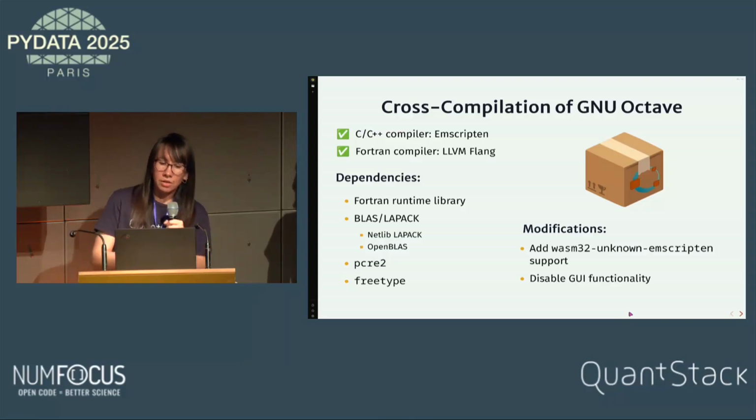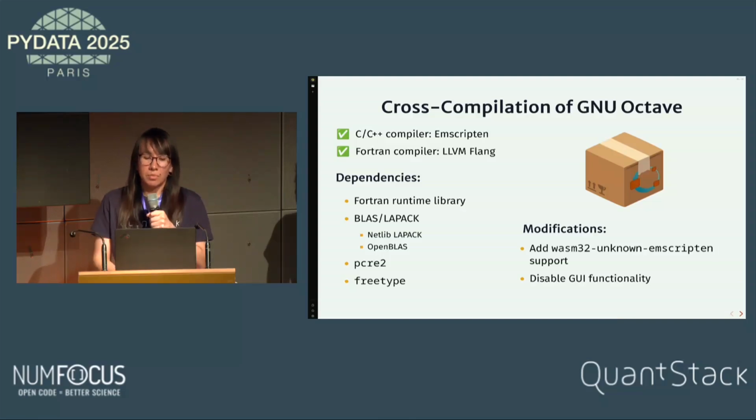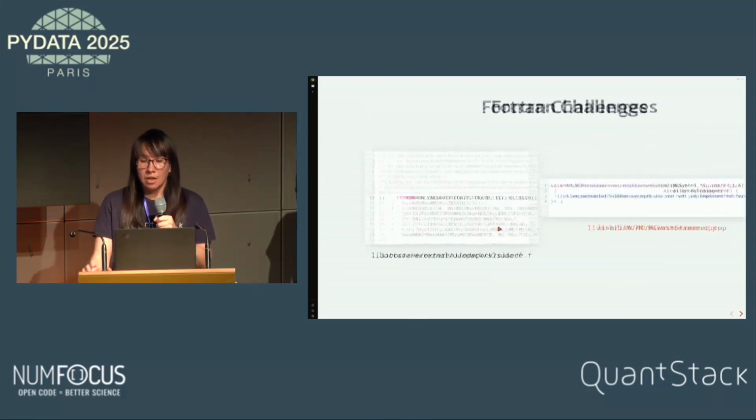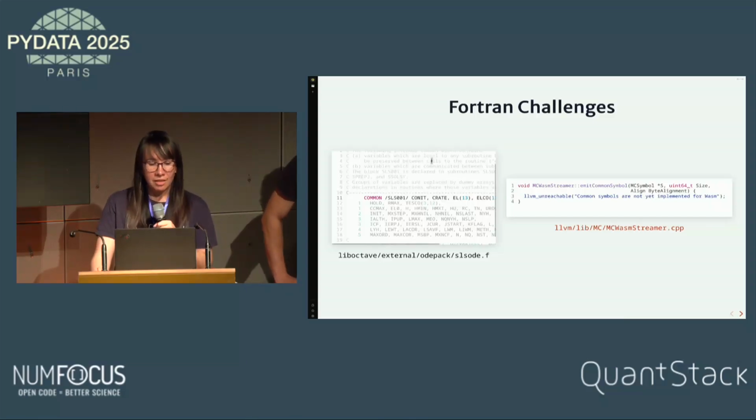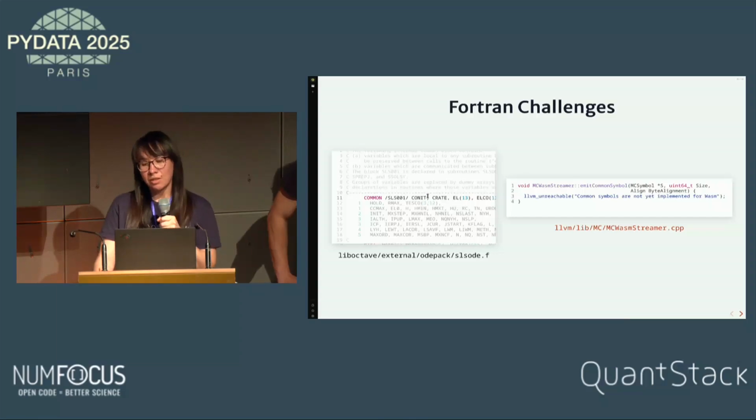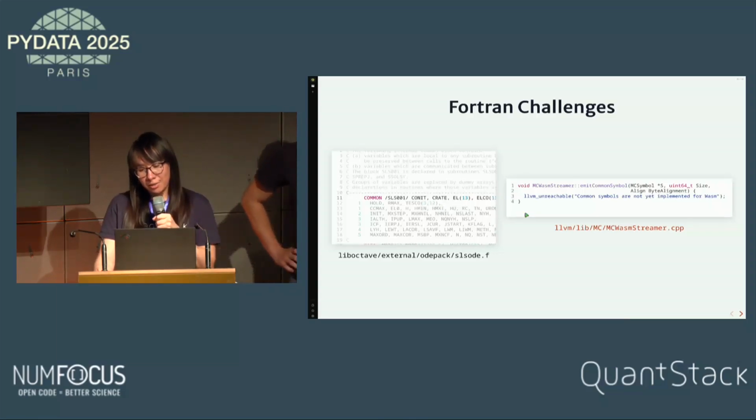So just like R, for cross-compiling Octave, we needed to make a few modifications. We had to disable all of the GUI functionality, and we also had to package all of the dependencies. But we already have a C, C++, and Fortran compiler toolchain, so that simplified things a bit. However, Fortran gave us a new challenge, and that was with Fortran common blocks, which LLVM could not handle.